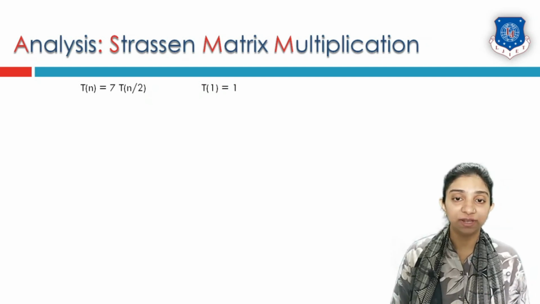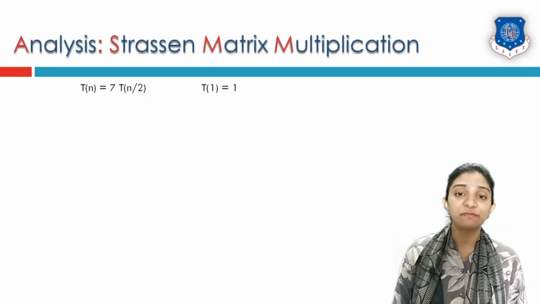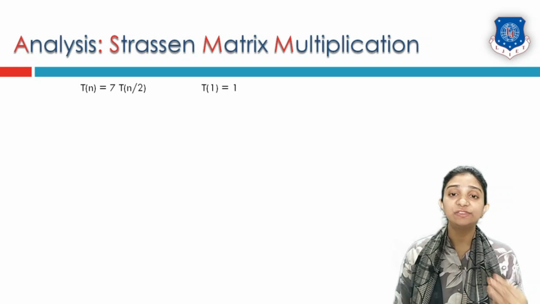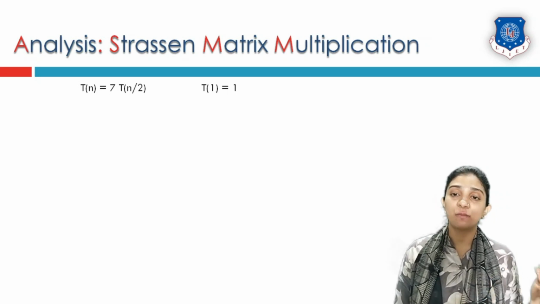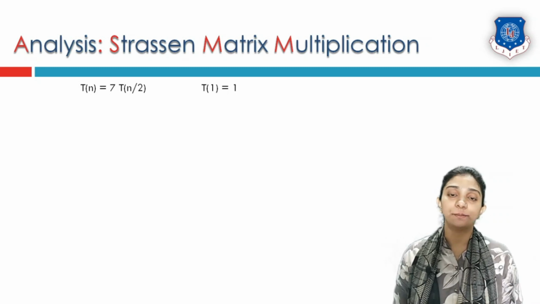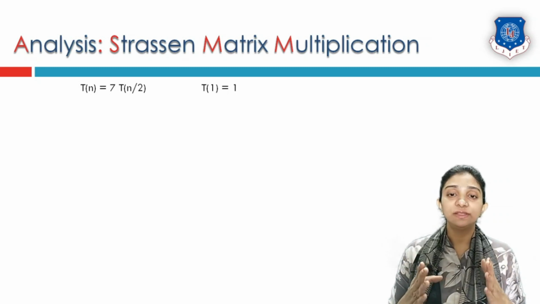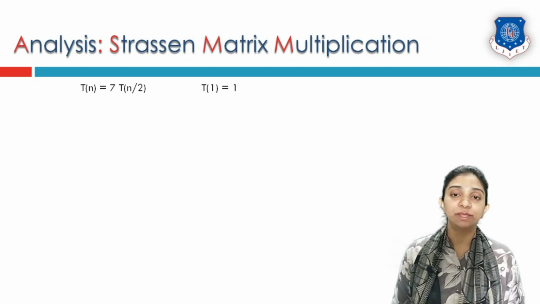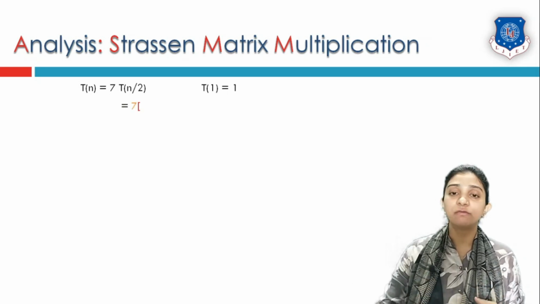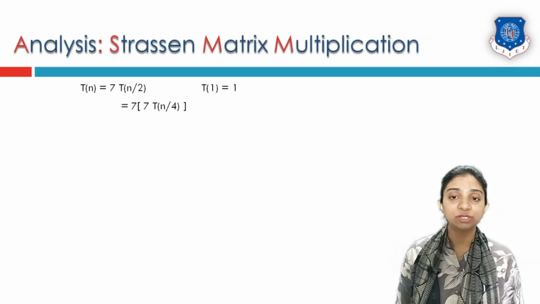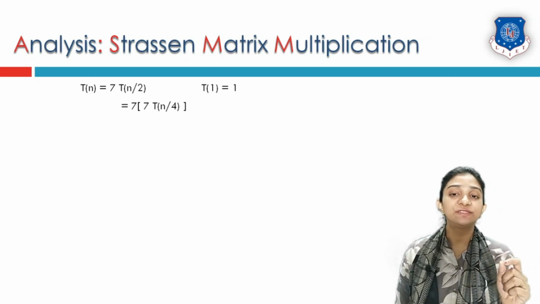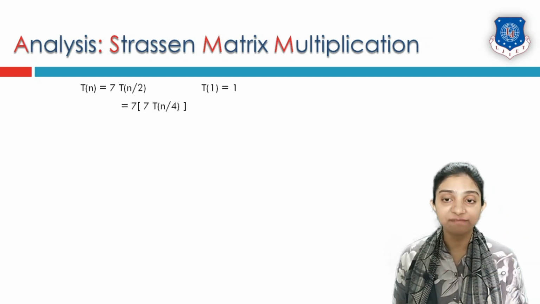So the recurrence relation is T of n is equal to 7T of n by 2, and T of 1 is equal to 1. Now we are going to use the backward substitution method. Instead of T of n by 2, we substitute 7 T of n by 4.